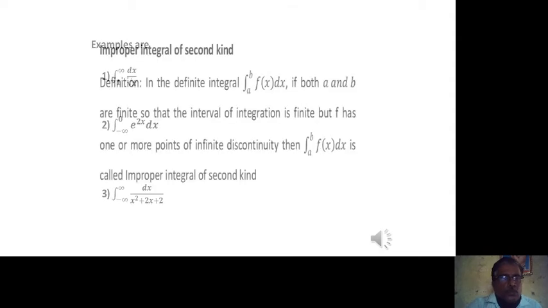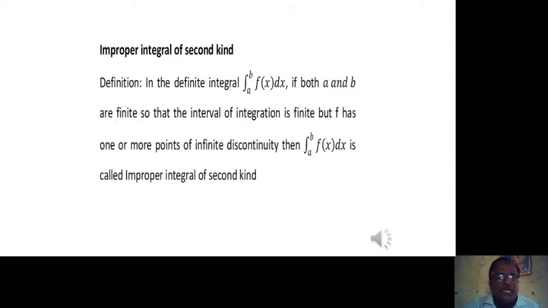Next, we go to improper integral of second kind. If in the definite integral from a to b f of x dx, both a and b are finite, so that the interval of integration is finite, but f has one or more points of infinite discontinuity, then the integral from a to b f of x dx is called improper integral of second kind.